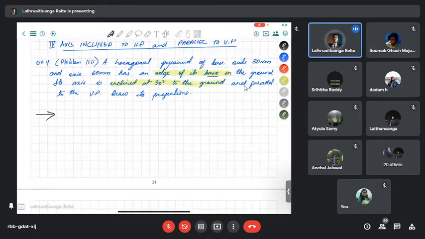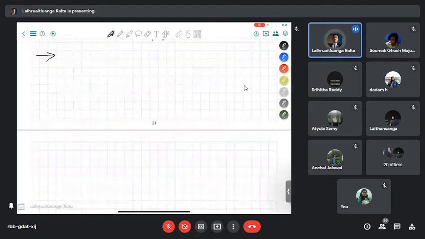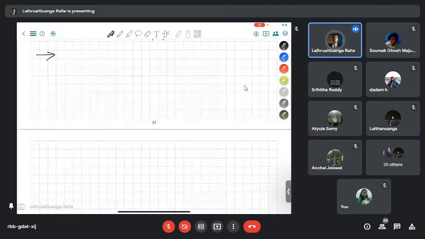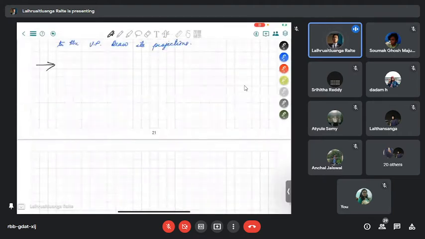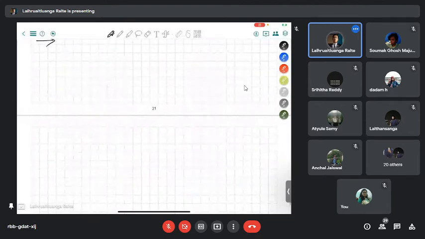That means our solid is going to be rested on the horizontal plane. It's going to be at an angle to the horizontal plane, and in the initial stage it's going to be perpendicular to the horizontal plane first. When it's perpendicular to the horizontal plane, we are going to see the profile as a top view. All right, so let's draw that profile as a top view first.